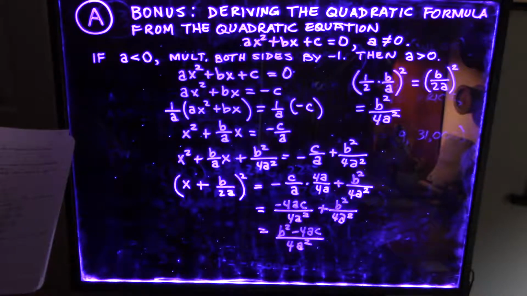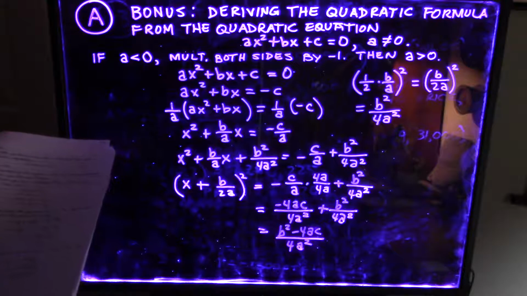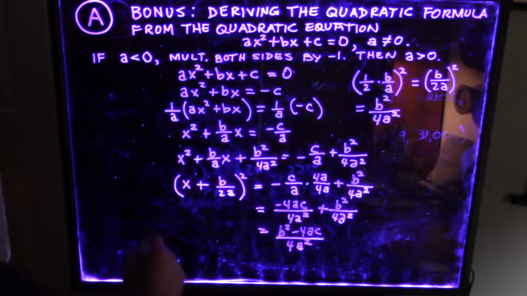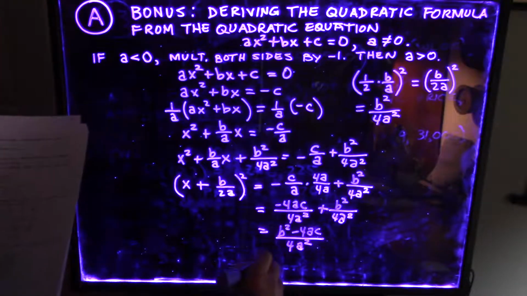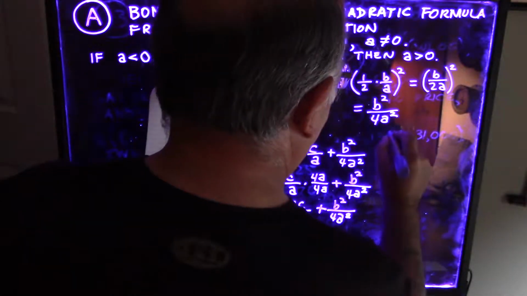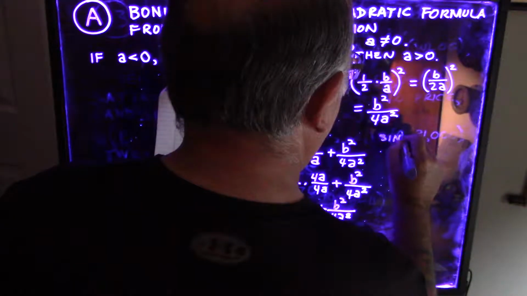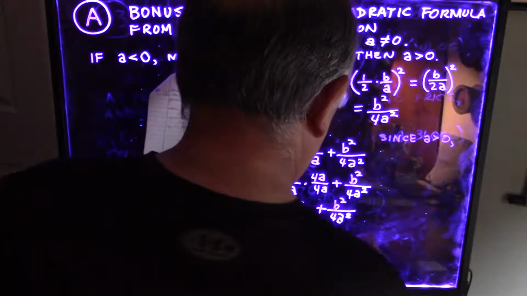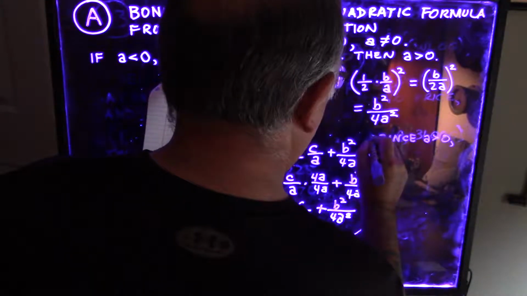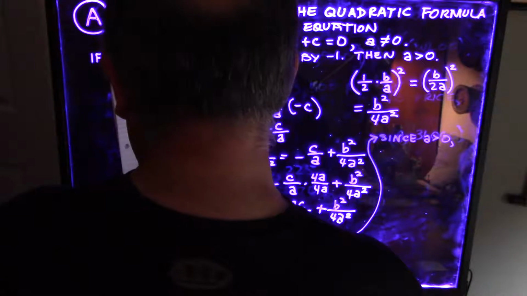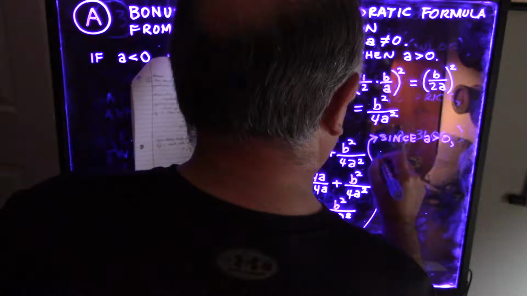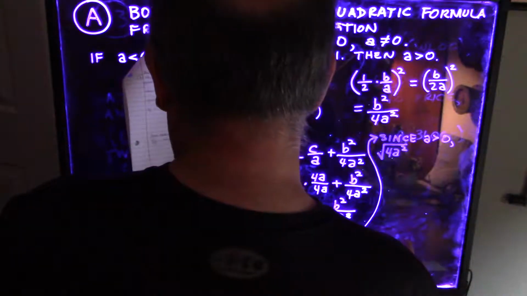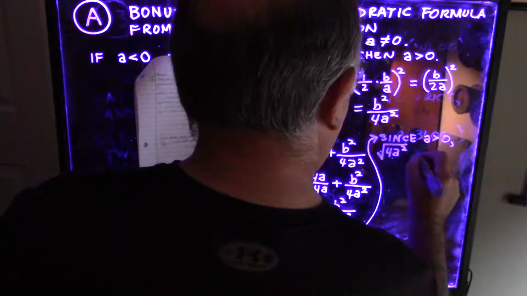So now you take the square root of both sides of this equation. Now since a is greater than 0, the square root of 4a squared is equal to 2a.